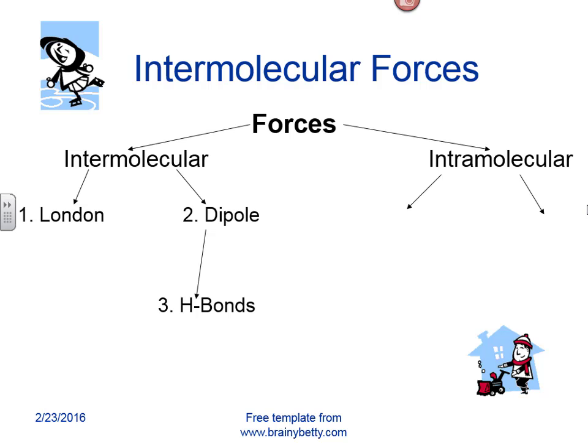If we move over to the other side and talk about intramolecular forces, we had covalent bonds, and then yesterday we divided covalent bonds into two categories. Remember what they were? Polar and nonpolar.